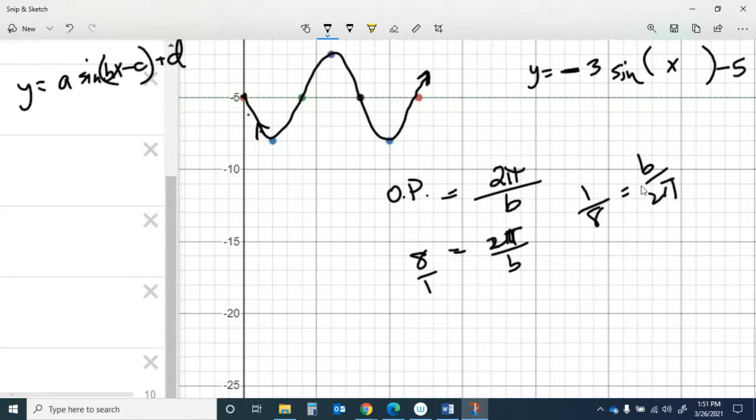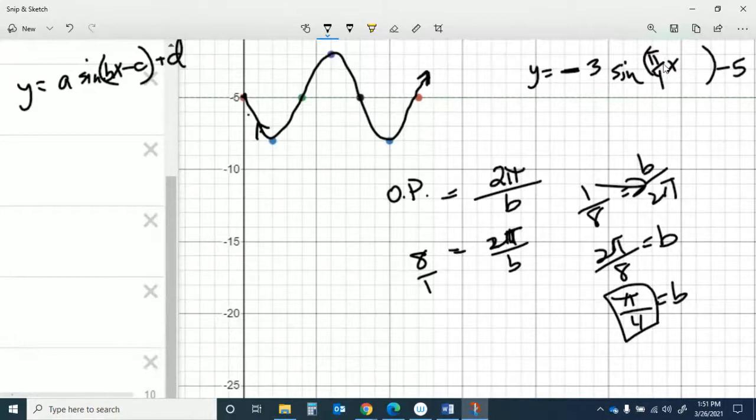So I'm going to leave the 8 where it is. 1 times 2 pi over 8 equals B. Simplify that, the 2 and the 8 simplify and give me pi fourths. So B is that coefficient that needs to go in front of x. So pi fourths x. That's our equation. Let me look at it one more time, see if I can retain it long enough to write it down.